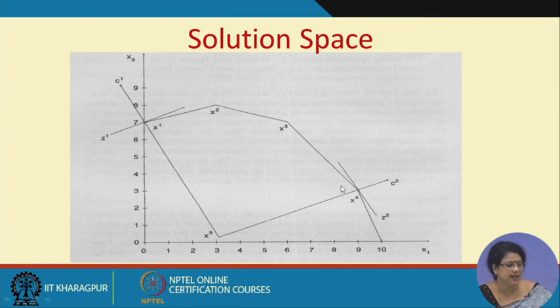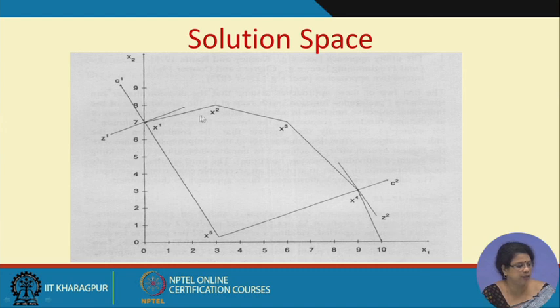What we could see is that the second objective function is reducing further and further if I move through this line, through the edge of the feasible space. Okay. My second objective function z 2 value will not improve, it will be minimizing, because if I move the other way, x 1 to x 4, the objective function value will be increasing.